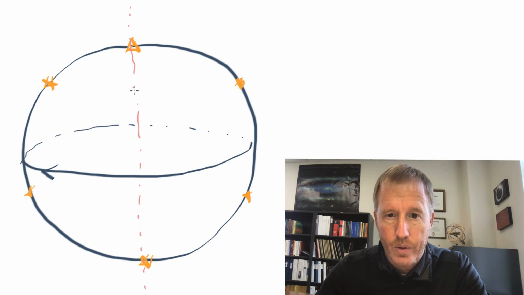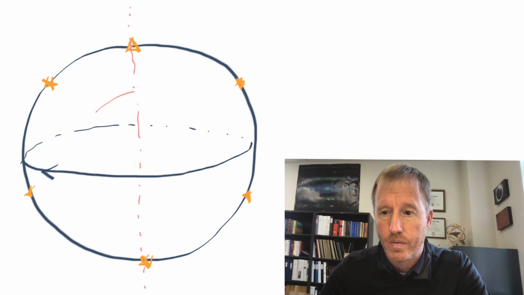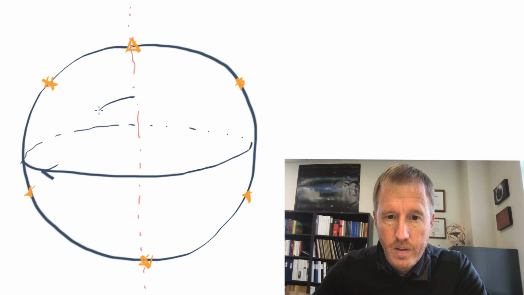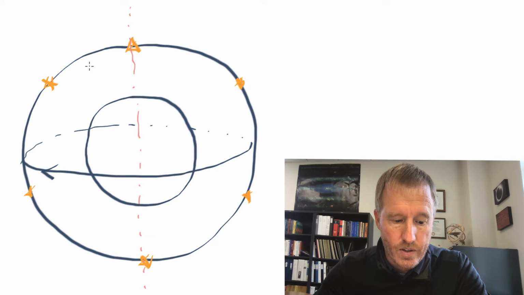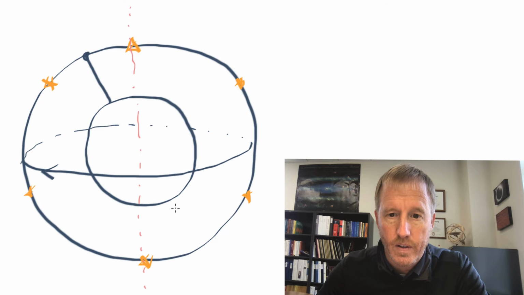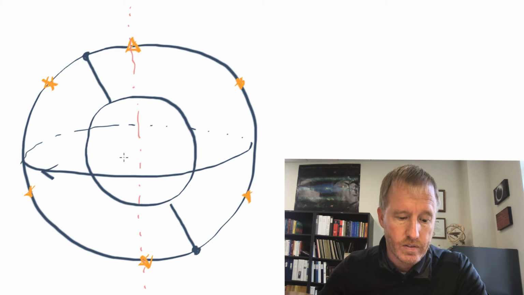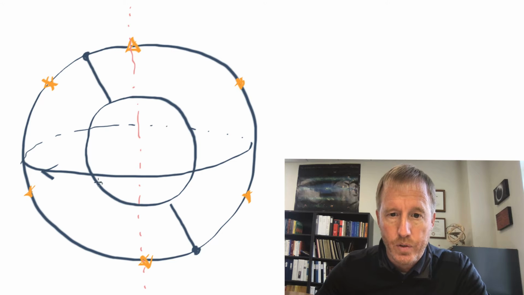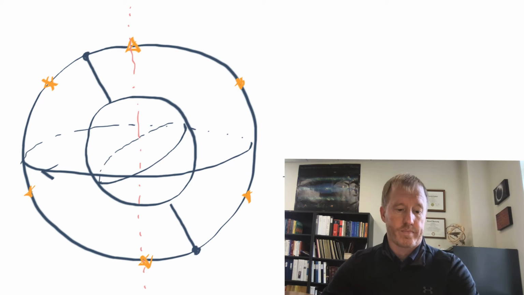You'll see why I'm doing this in a moment. This sphere is attached to the outer sphere via this axle right here. And then we'll draw the equator of this smaller sphere, like this.